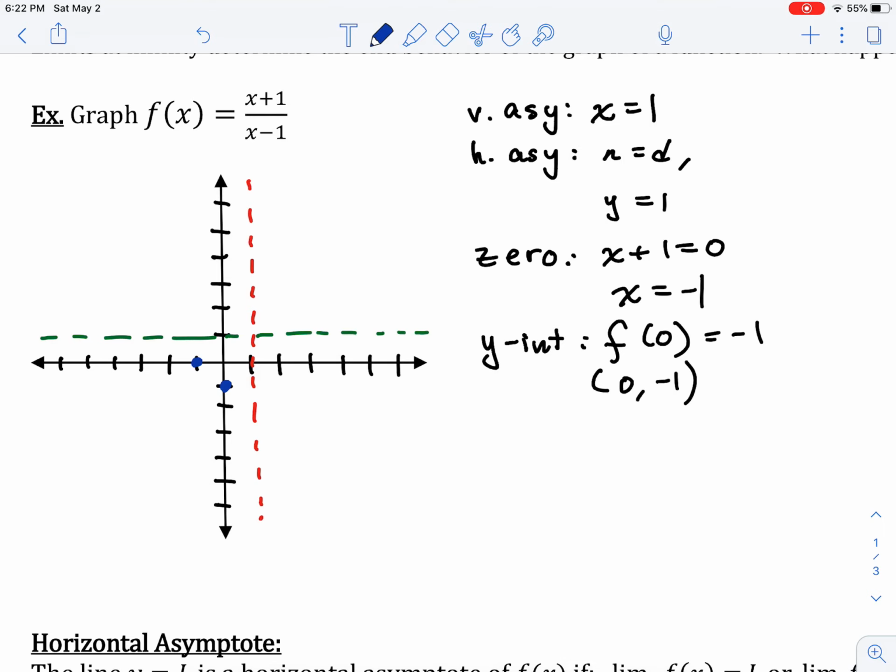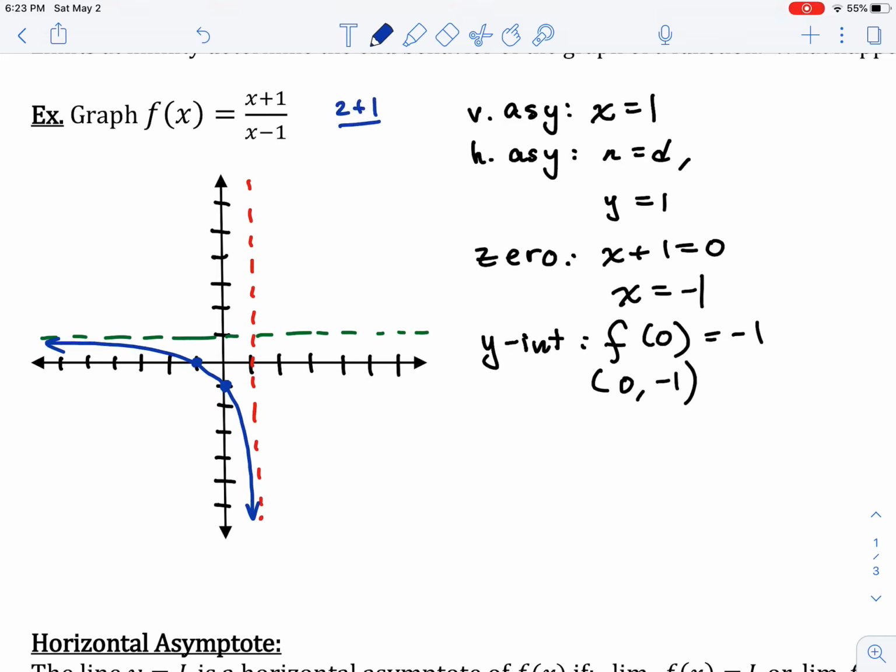So using that, let's try our best to graph this. We've got this here, and that means this branch is going to approach this vertical asymptote. And for the other branch, you can just leverage the idea that it's somewhat symmetric. So let's plug in 2.